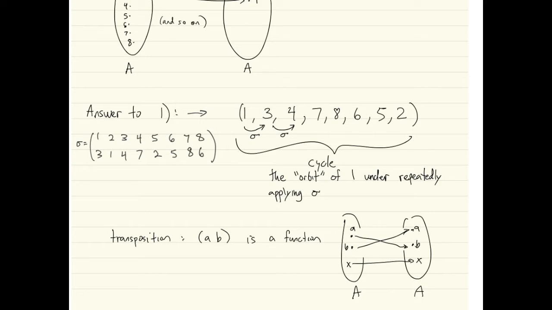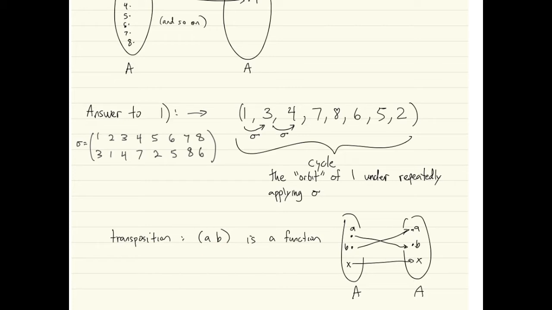Okay, this is now the cycle notation for sigma. Notice that it's much more compact. We just write it down in one line. It has the same equivalent information as this mess here. Now a transposition is a cycle of length 2.